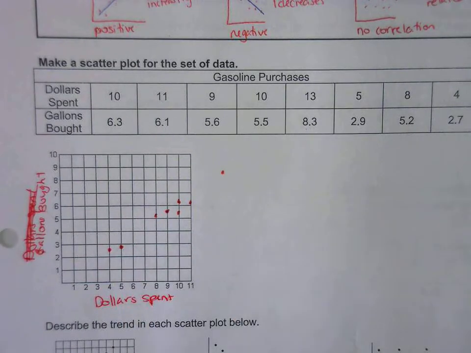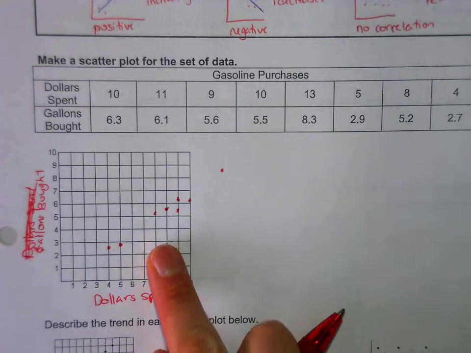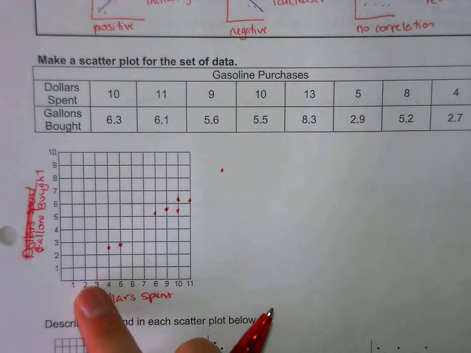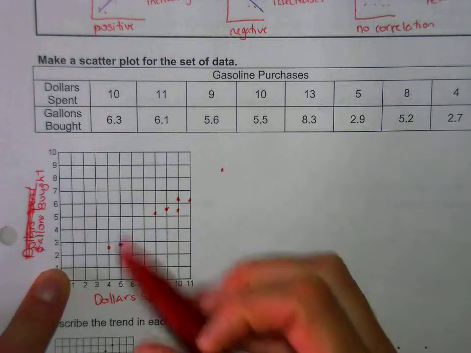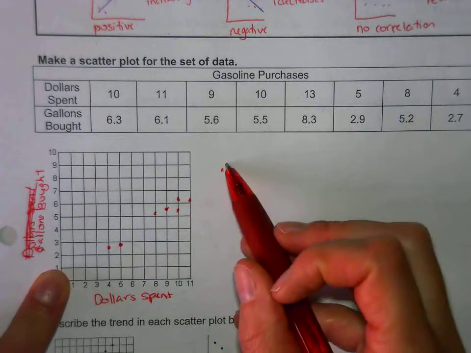So there is our scatter plot. And if we look, as we spend more money, the gallons we buy increases. And it seems to have a trend line that's going in the positive direction. So this is a positive correlation.